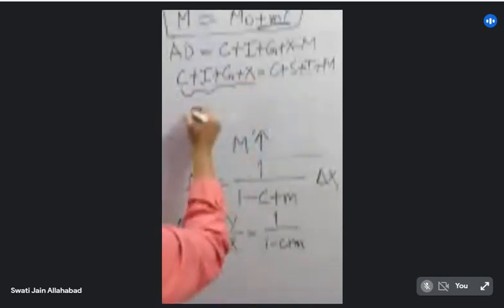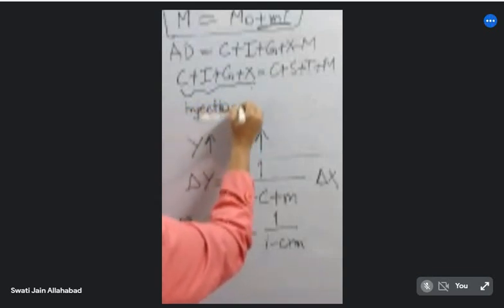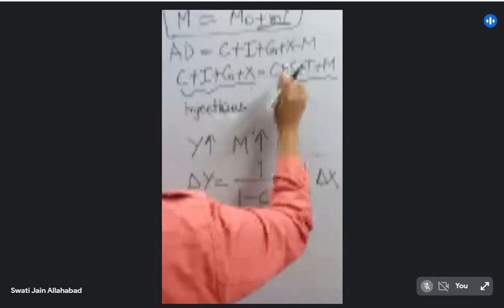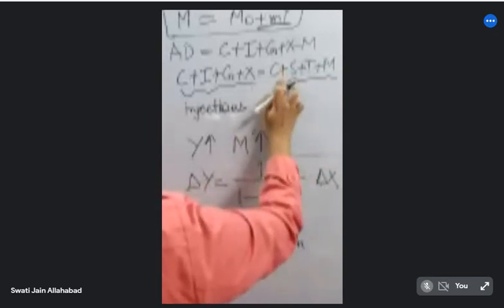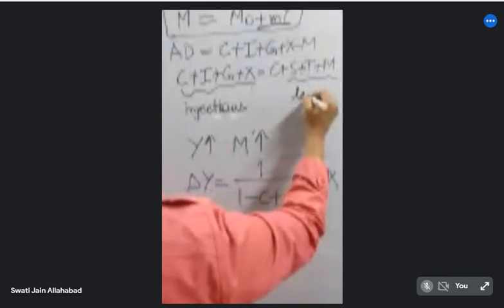So these variables are injections, and these variables, S plus T plus M, are leakages.